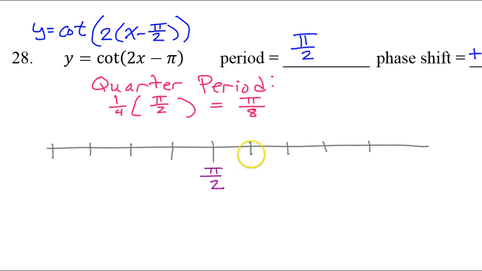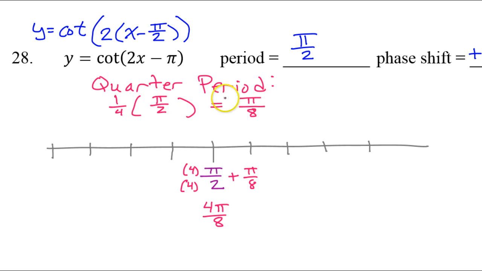So if I want to get this next value, I should be able to add pi over 8, and that should give me the next value. Of course, I need like denominators here. So what I would do is I would multiply by 4, numerator, denominator. That would give me 4 pi over 8.